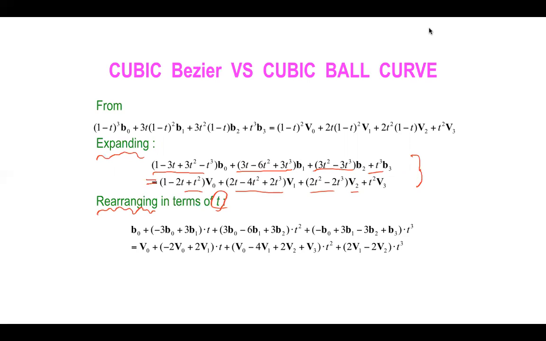B0 means t to the power 0, which is 1, so we can eliminate it. And then t, t square, t to the power 3. We rearrange in terms of t to the power 0, power 1, power 2, and power 3.